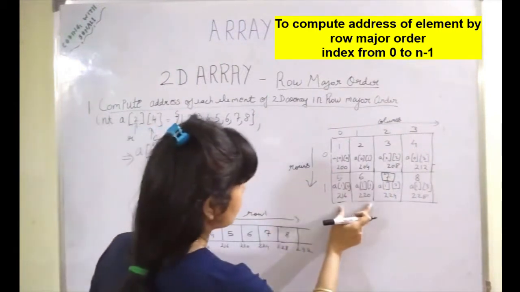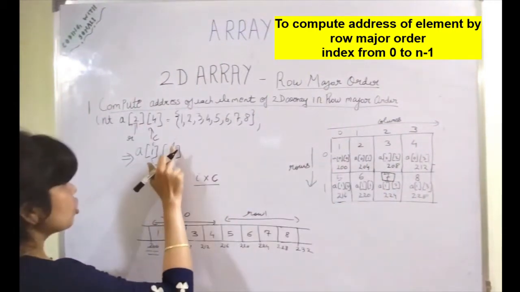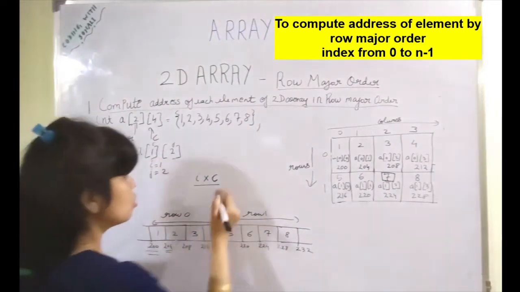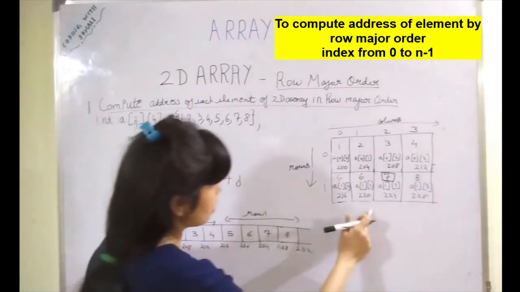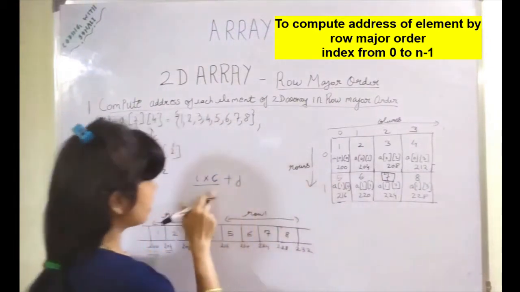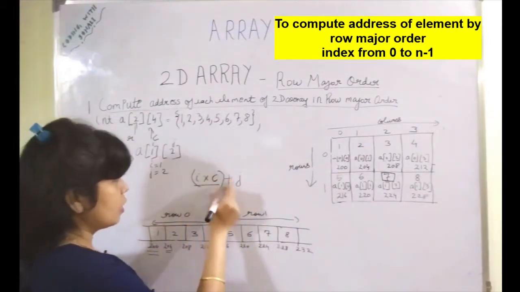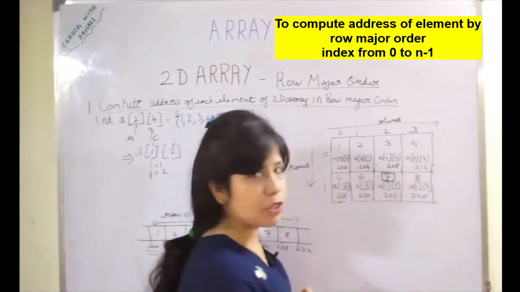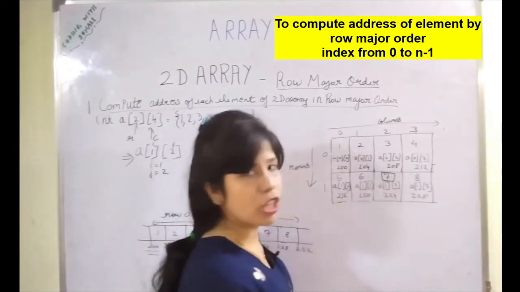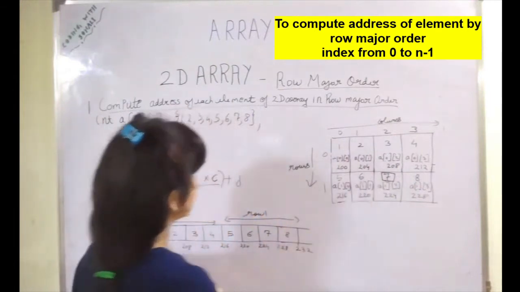How do we get this value 2? You can see here J is equal to 2. So just simply add J. J is 2, so that means 2 more elements you have to add, and in that manner you will get the total number of elements you have to cross in order to reach the element 7.